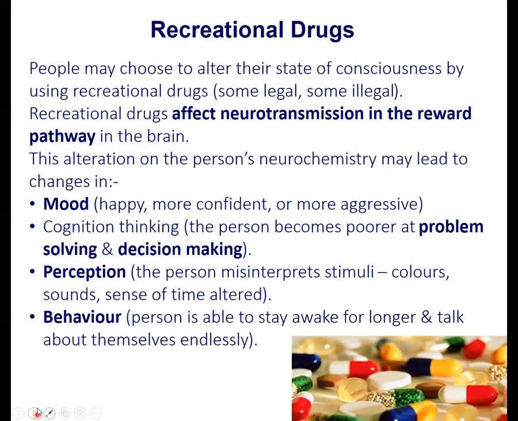But all these drugs, whether legal or illegal, affect neurotransmitters within your brain. They affect the chemicals in your brain, and specifically they affect this area called the reward pathway. A lot of these drugs do give you a feeling of pleasure. That's why people take them, because it does affect the reward pathway in the brain.